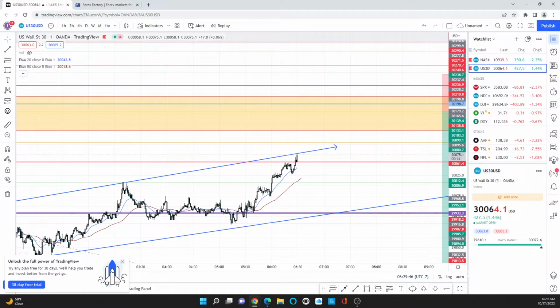I mean, I do want it to make it up a little bit higher. Let's see if it actually goes. Yeah, it actually hasn't reached the body yet, so once it does, then we'll put a bigger position in there.